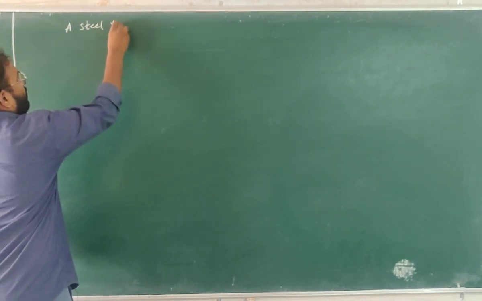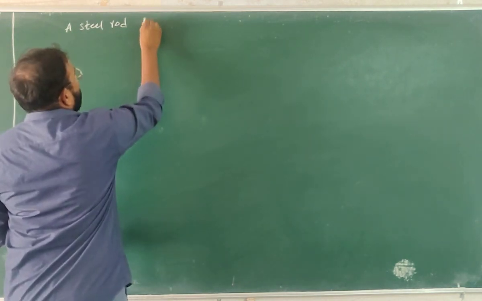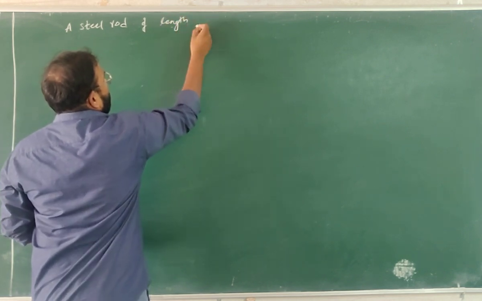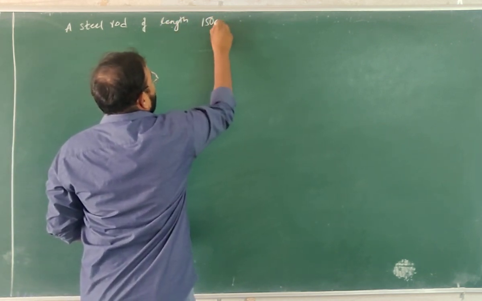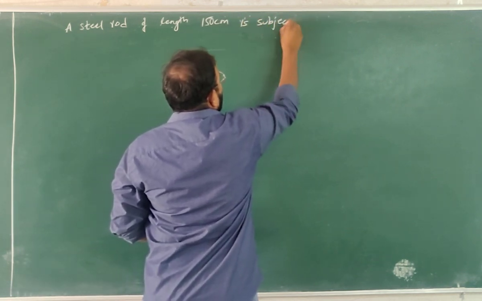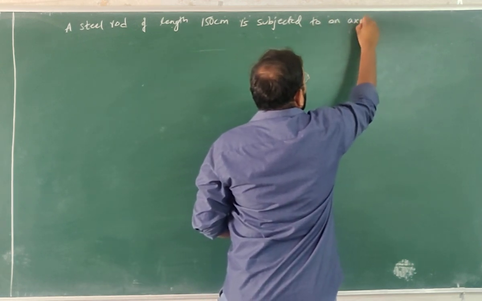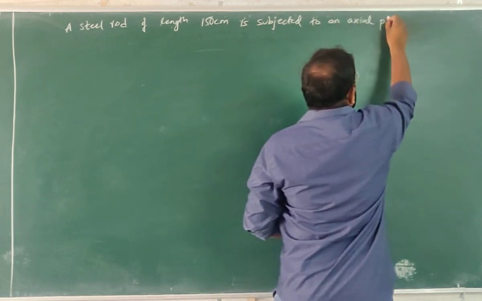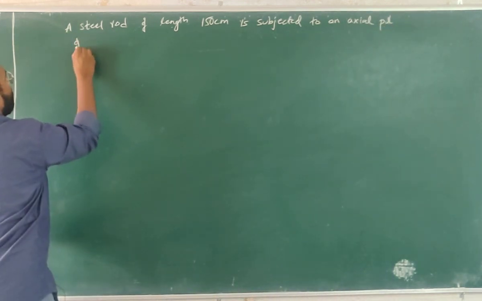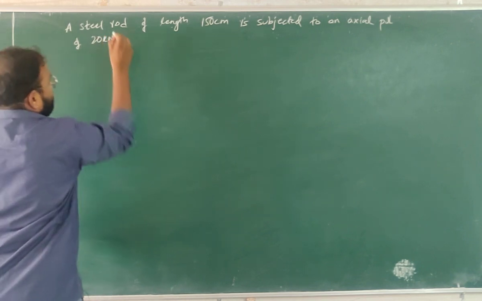A steel rod is visible, right? A steel rod of length 150 centimeter is subjected to an axial pull of 20 kilonewton.